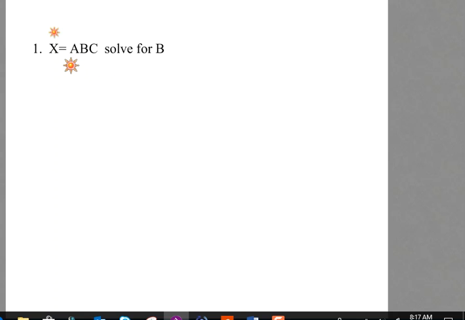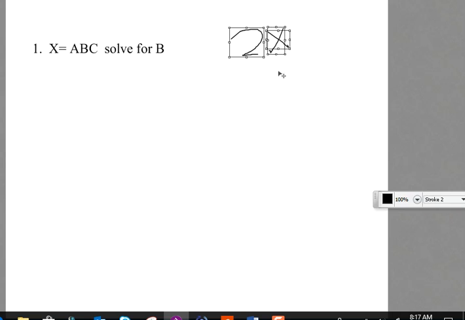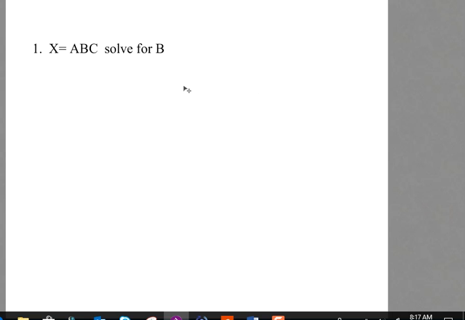So when we have a and b and c right next to each other, this would be a times b times c. Just like if you have a number right next to a variable, like 2 and x right next to each other, we know that this is 2 times x. So that's really important to understand when you're doing this transforming formulas lesson.